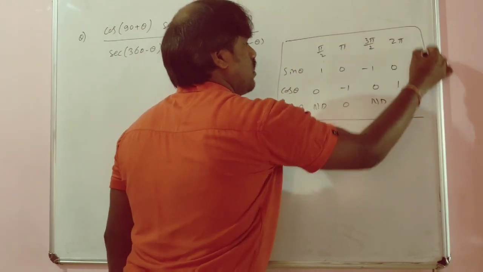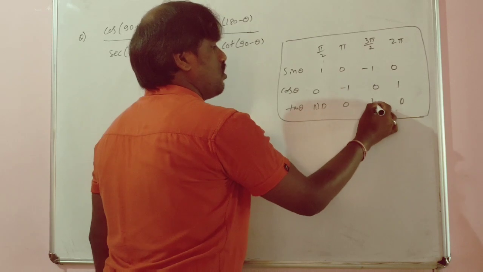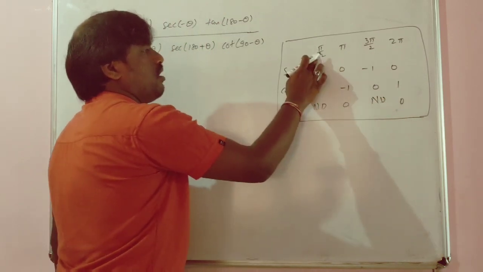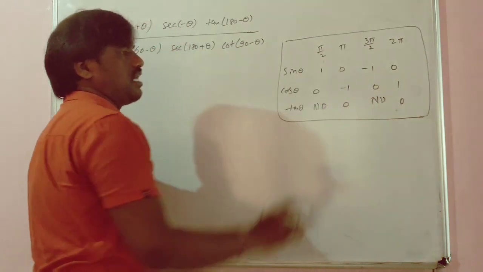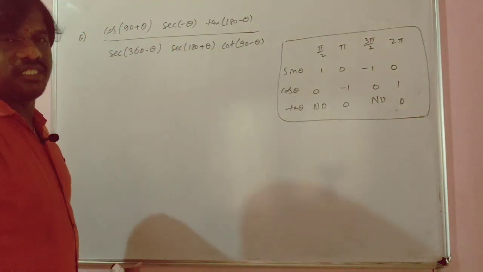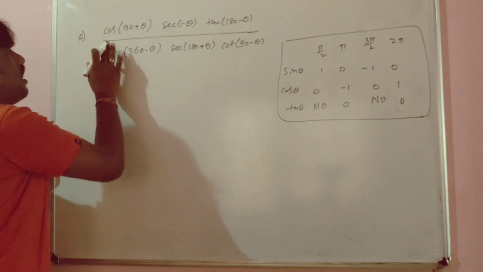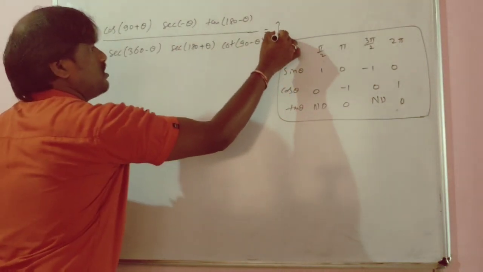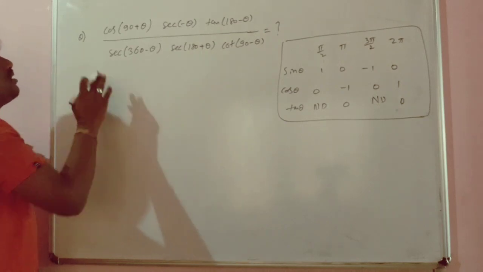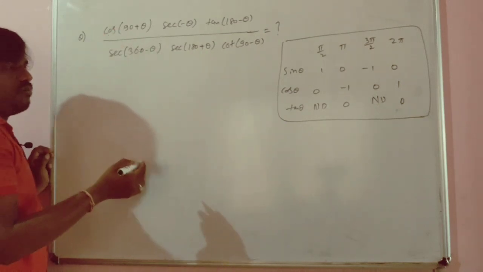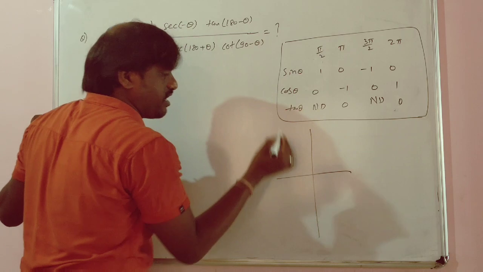Don't be confused here. I just gave the values for 90 degrees, 180 degrees, 270 degrees, 360 degrees. You can note down that picture, that is an important box. And now you have to find this value. How much is the value of this? Now I explained allied angles, right? So cos 90 plus theta is how much? You just look here and find the values.